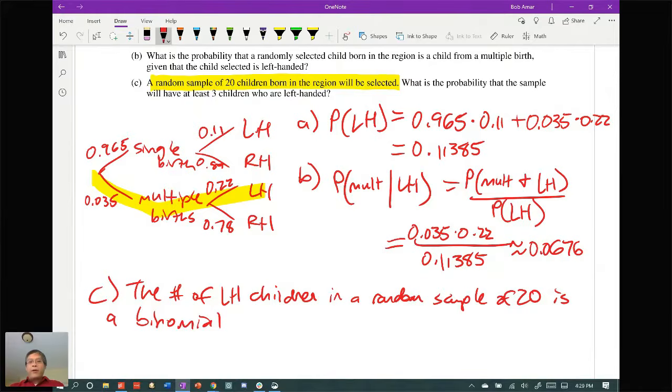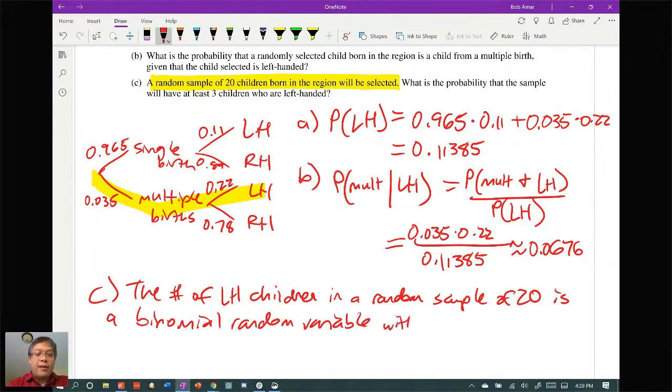It's binary: they either are left-handed or not. The trials are independent because 20 is less than 10% of probably all the children in this region, since you're sampling without replacement. You have a fixed number of trials and you are counting the number of successes. BINS.